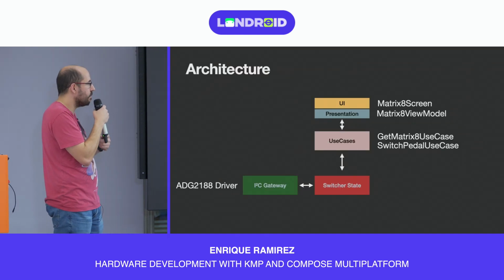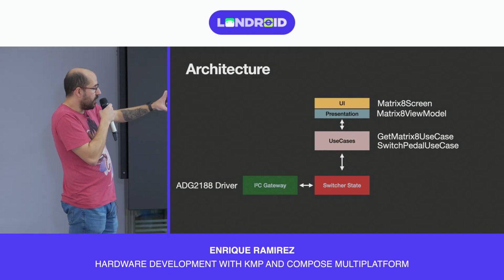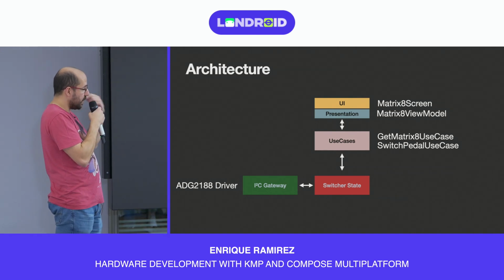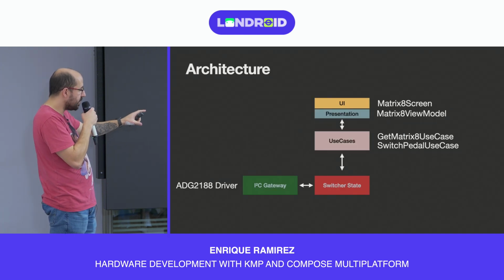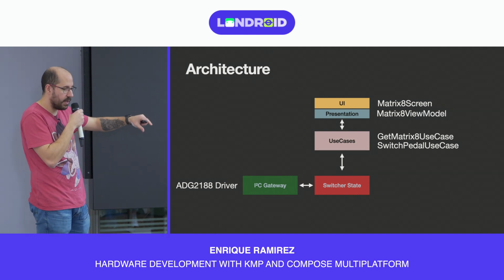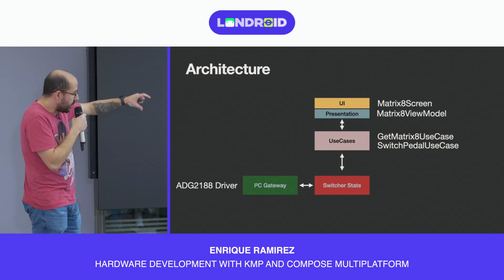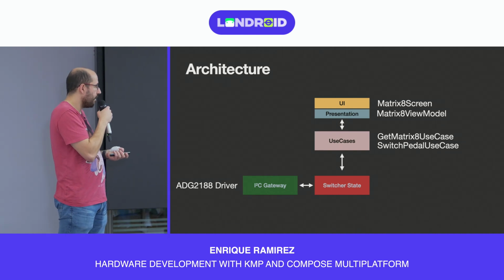Now we have an architecture slightly more complex. We have the main architecture that we mentioned before, but now the state is changing. We have a driver, and the driver is listening to the changes in the state of the switcher.